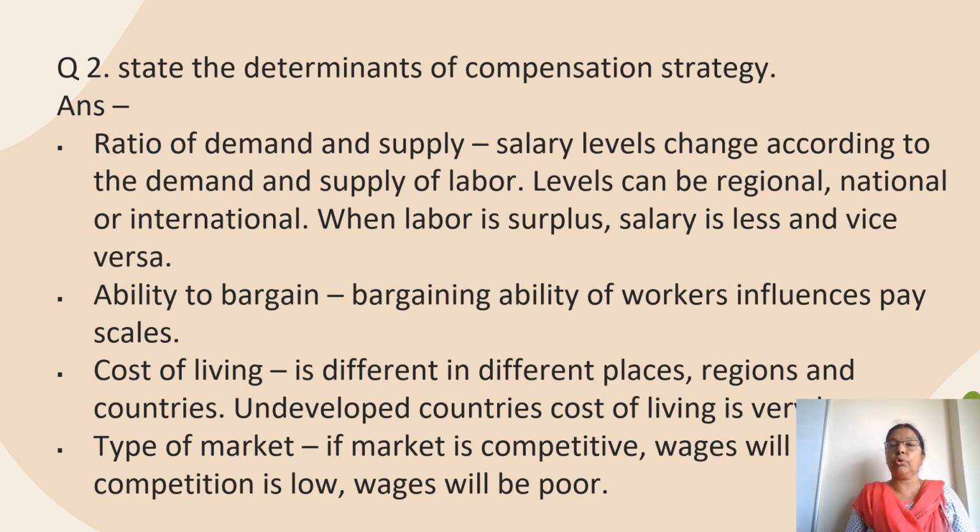So where a strong trade union is there, the wages will be good, salaries will be good. Where the trade union is not very strong, where the employees are not very united, the collective bargaining will be very weak. They will not be able to demand good salary from the management. There the salaries and wages will be very less.